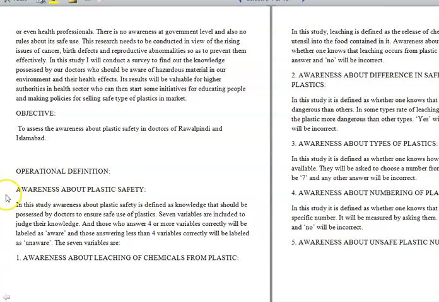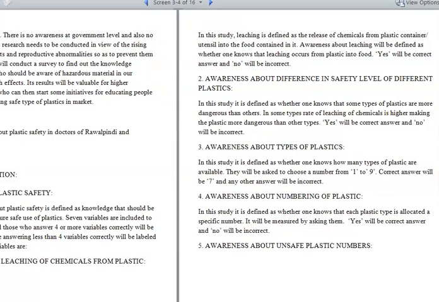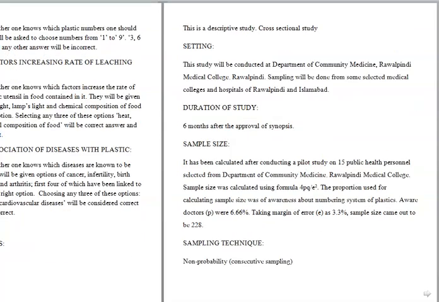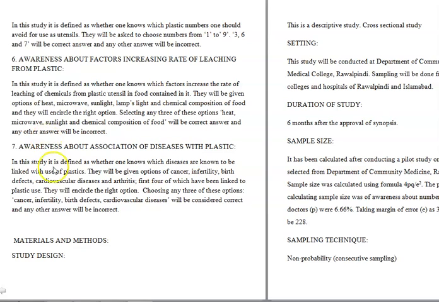So here I have defined awareness about plastic safety, and I have measured awareness by asking 7 questions regarding this issue, and I have mentioned all these questions, and I have defined each question: awareness about difference in safety level, or awareness about types of plastics, or awareness about numbering of plastics, and I have mentioned how I will be measuring each of the questions.